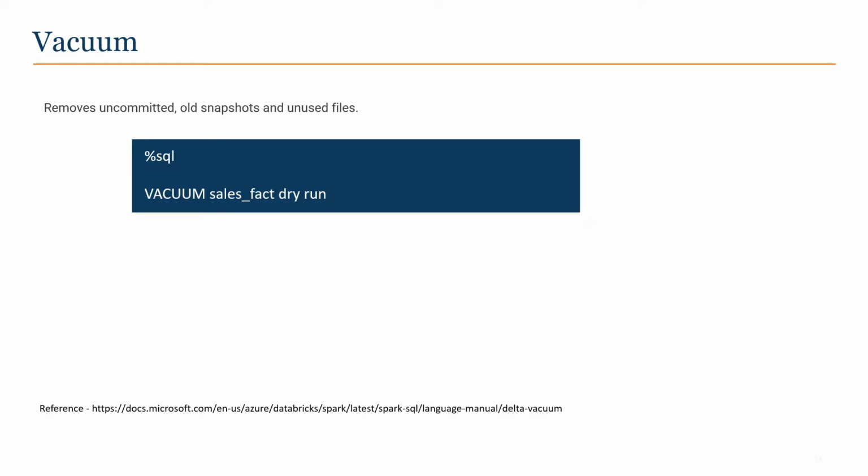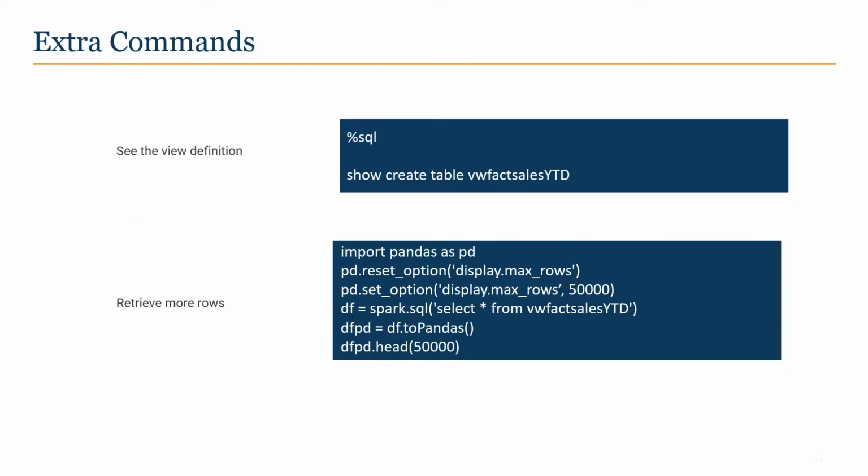It will say how many files it is going to delete. If we are fine with the result, we can execute vacuum table name without dry run, and it will actually delete them. Once we execute vacuum, time travel beyond that time period will not be possible because it has deleted all the snapshots.